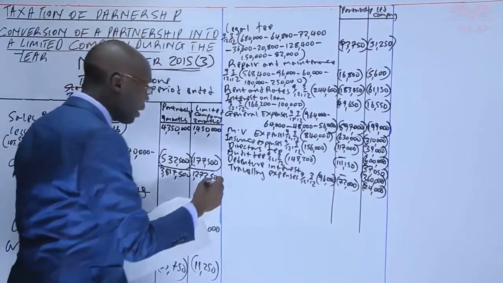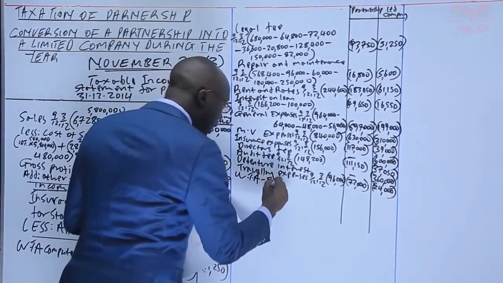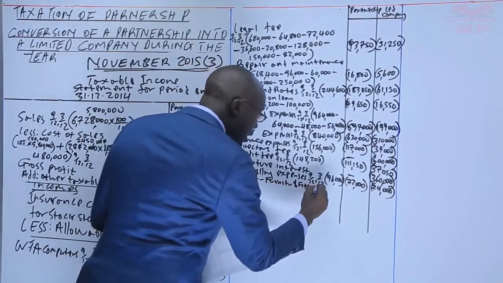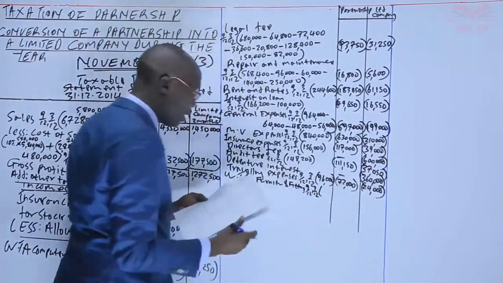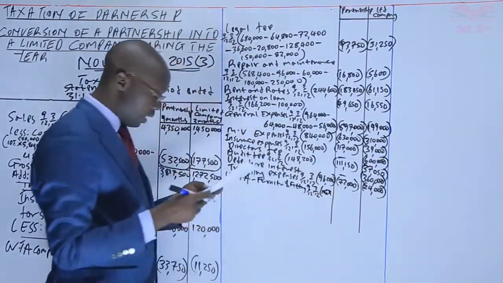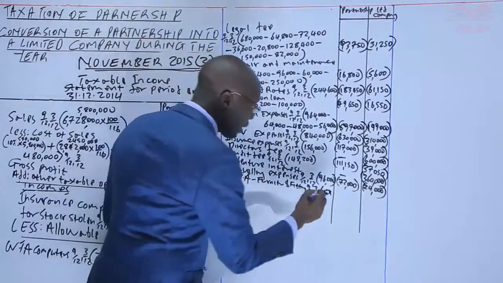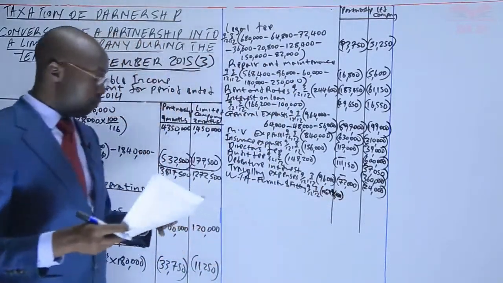So we claim wear and tear for furniture and fitting, which is supposed to be 9 over 12, 3 over 12 of 10% of the furniture cost, 96,000.